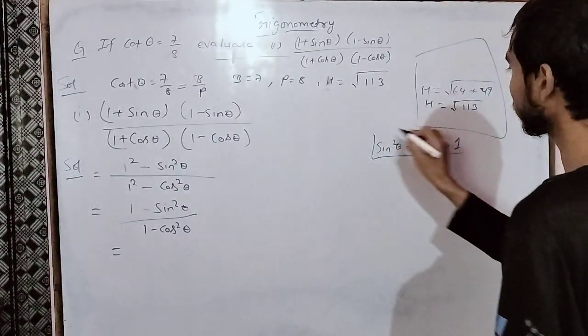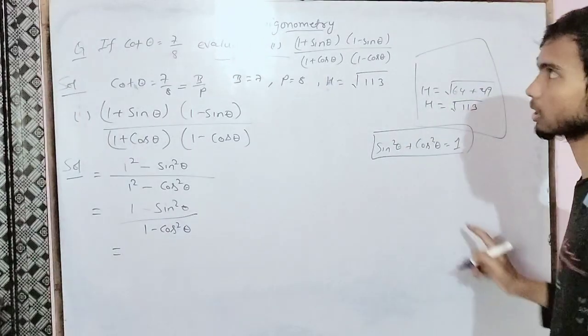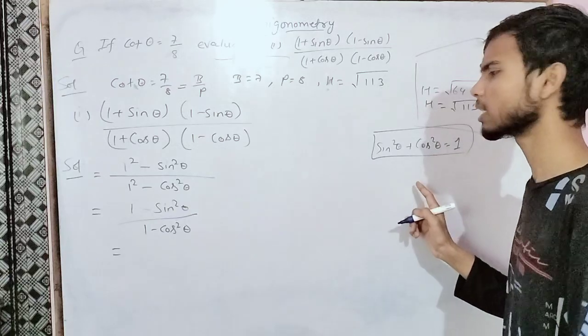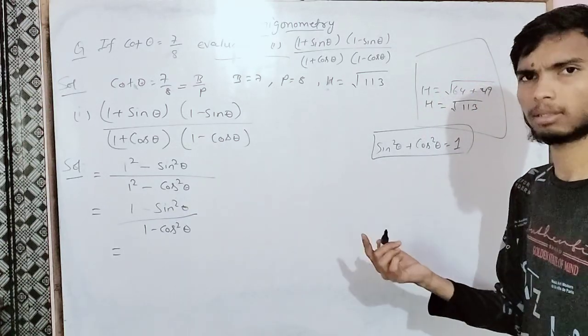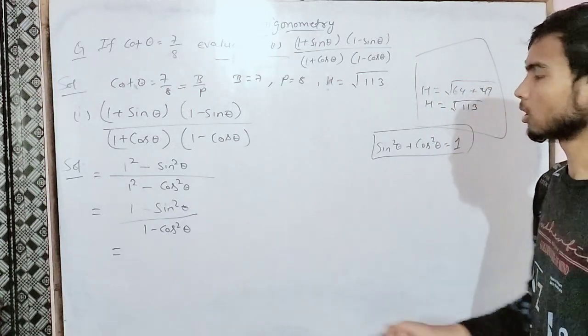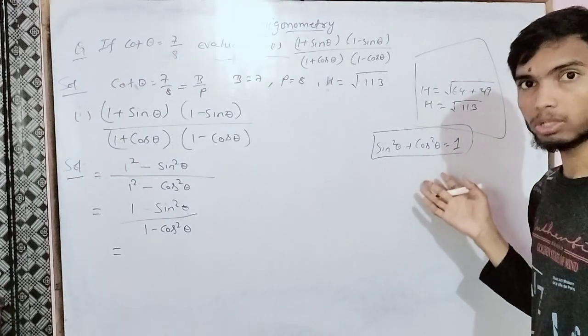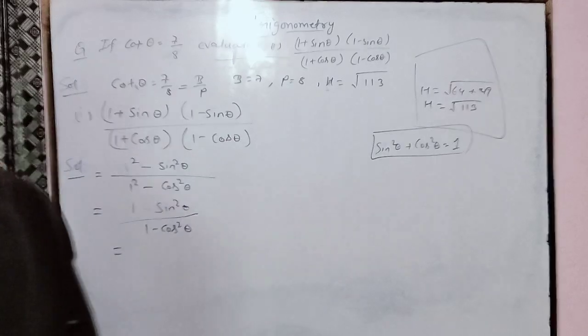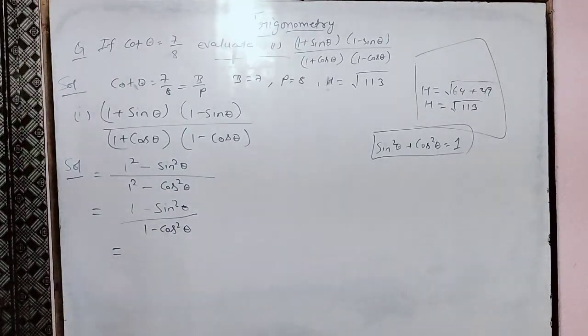It is also an identity, but it is a trigonometric identity. We can apply this. If you are not familiar with this, then another method can be applied here. But if you use this, then the answer will be the same. Here we can use this.